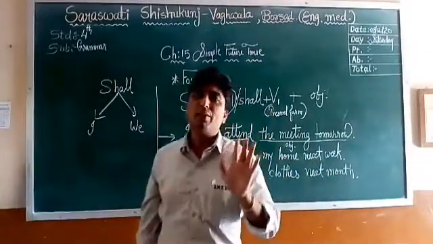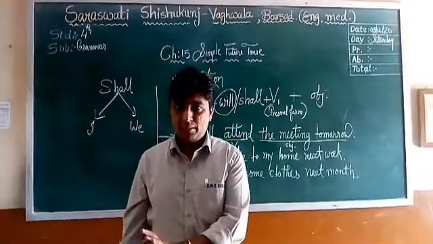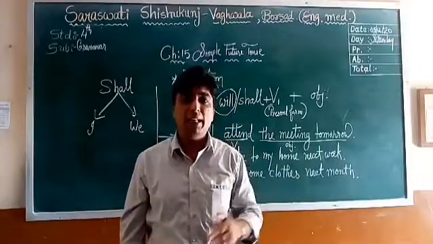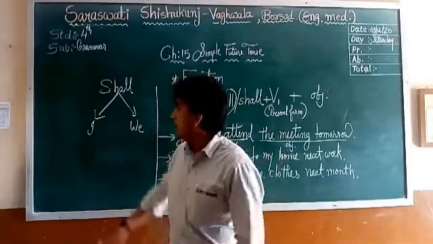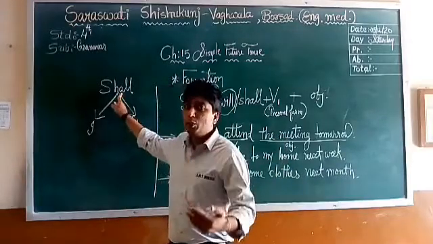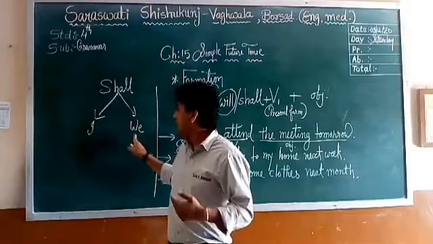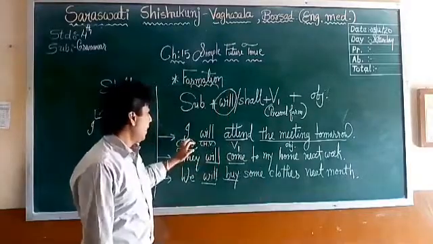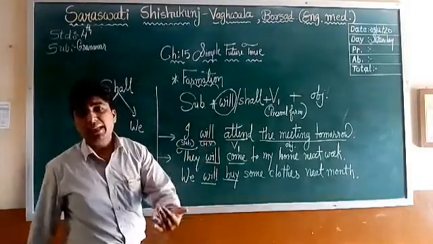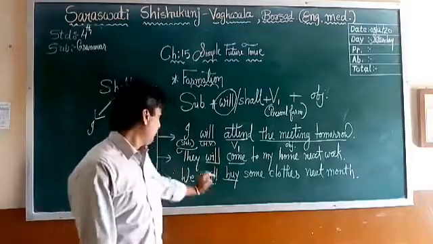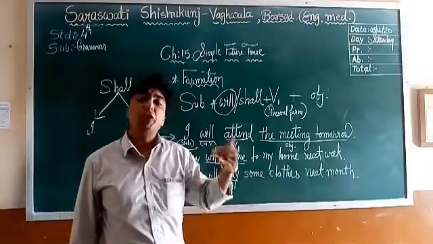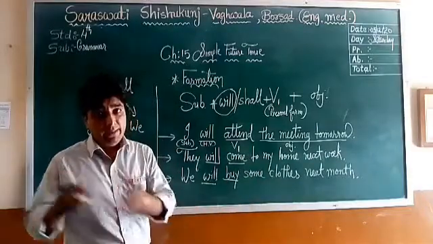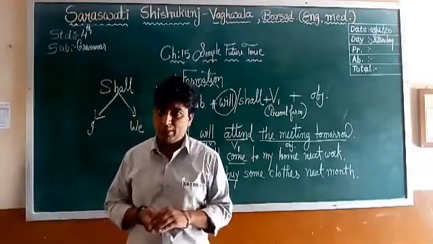No, it is a wrong statement. It is used only with I and we. For example, instead of I will, in another way I can say I shall attend. We will, in another way we can say we shall. But not with other subjects.